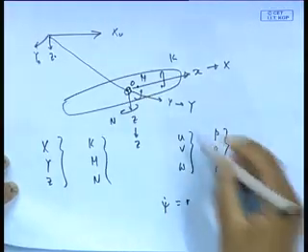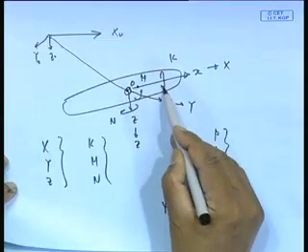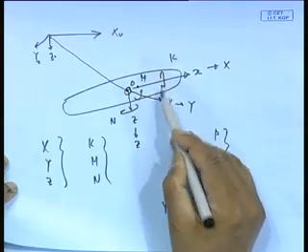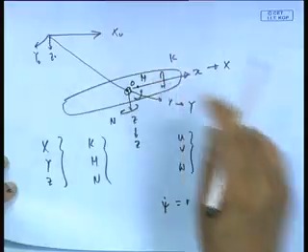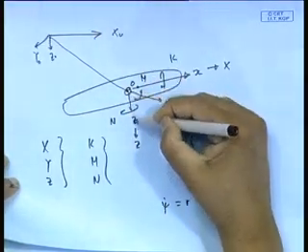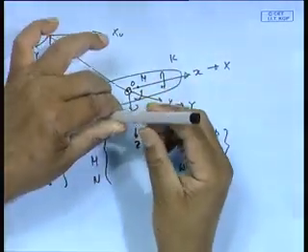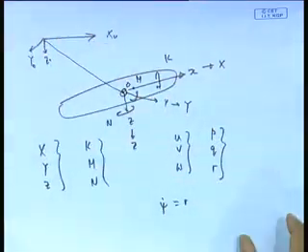Anyhow, p, q, r are the velocities along its own direction: roll velocity is p, pitch velocity is q, and yaw velocity is about its own axis. If the body was like that, the velocity about this axis is what we call r.